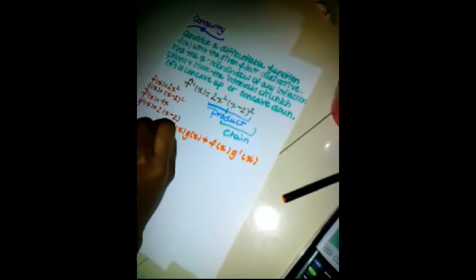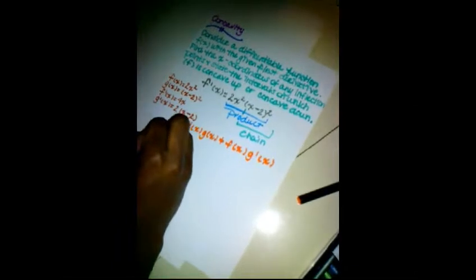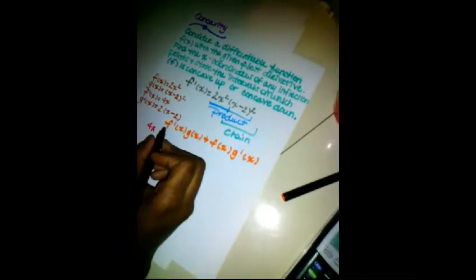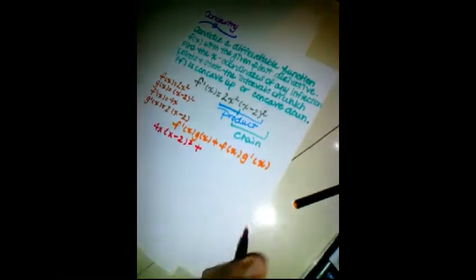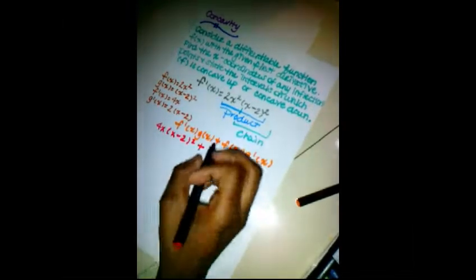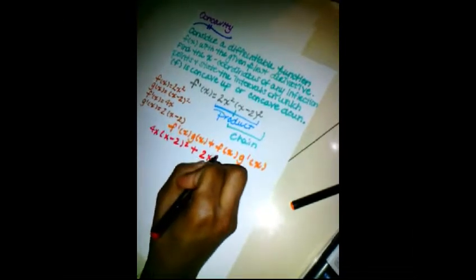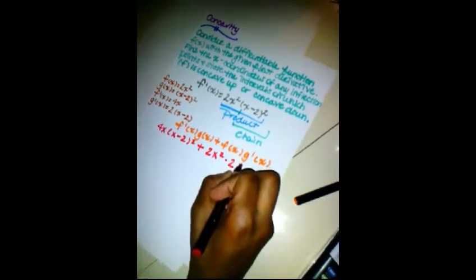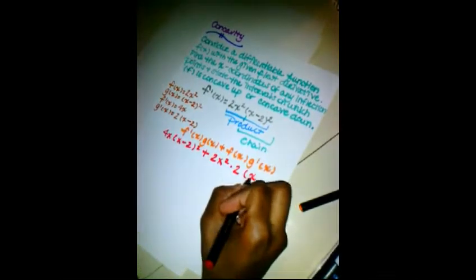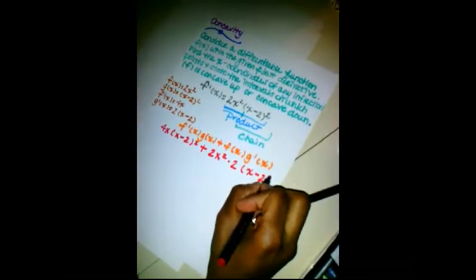Okay, because f prime was 4x, g of x was (x minus 2) squared, plus f of x, which was just 2x squared, times 2x minus 2.